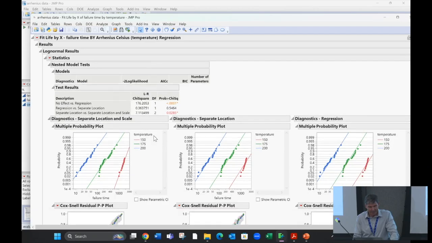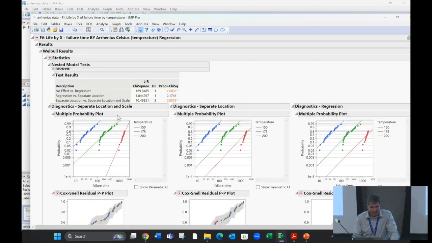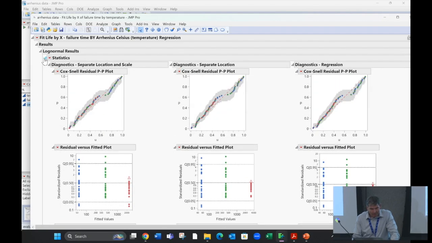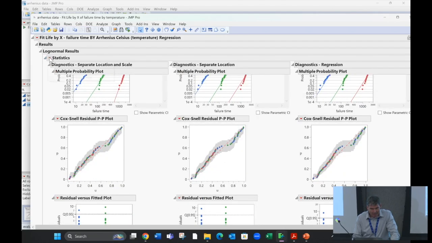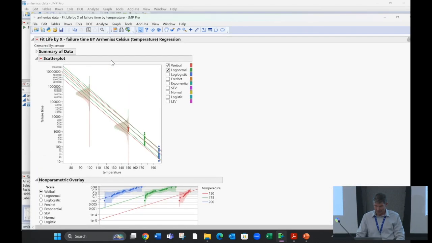And what do I mean by that? Let me close down Weibull, come back up to log normal. And let's see, what am I looking for?